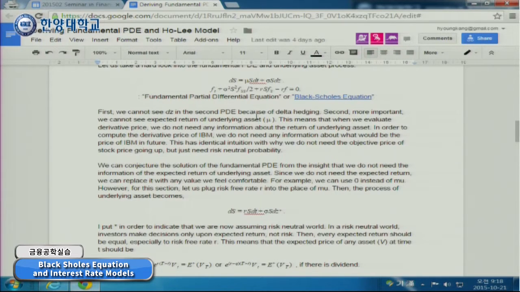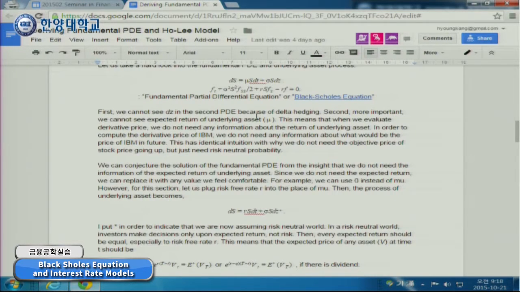Second, more importantly, we cannot see the expected return of the underlying asset, mu. In the first equation, there is a mu. Mu is the expected return. In the second equation, there is no mu. This is surprising in some sense. If we are interested in the call option price of IBM, then we don't have to know the expected return of IBM. If the IBM stock price goes up, we make money.